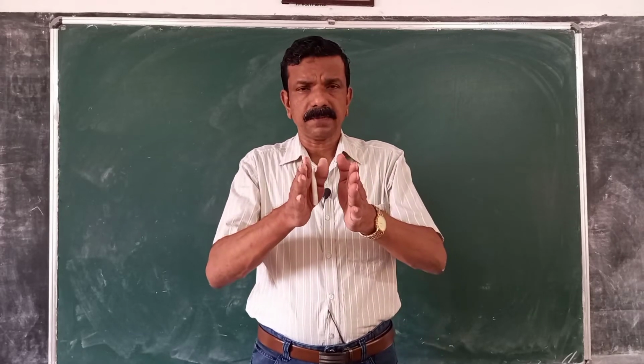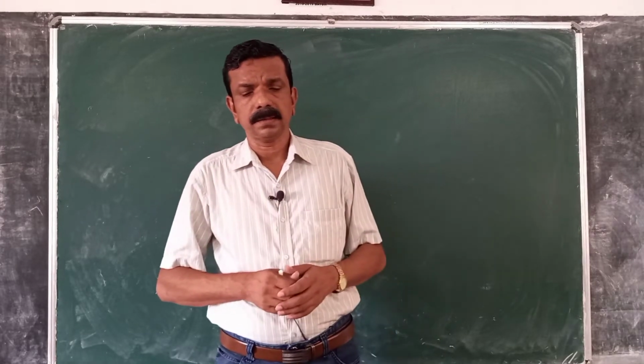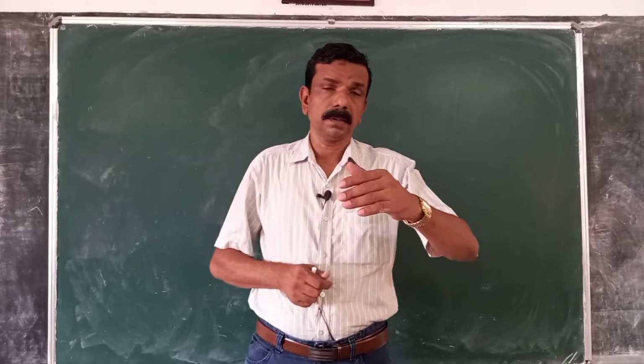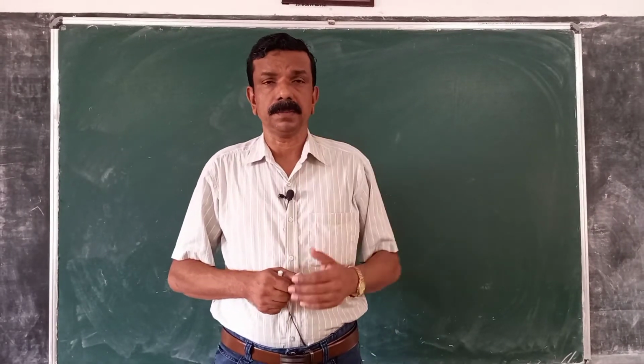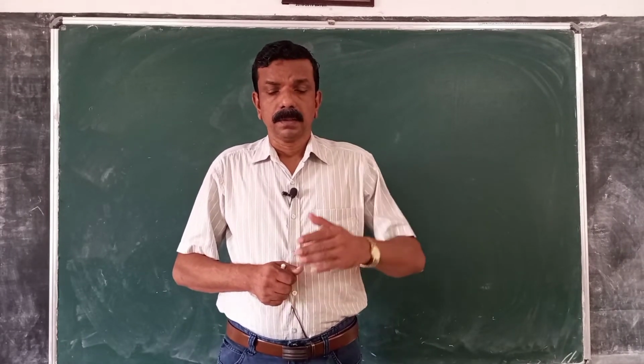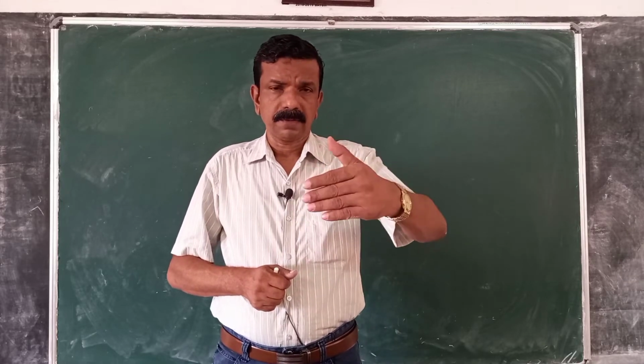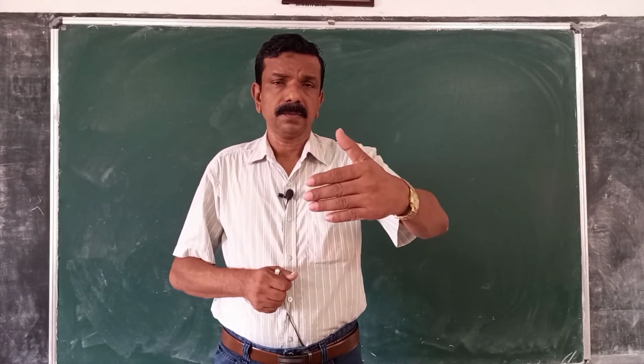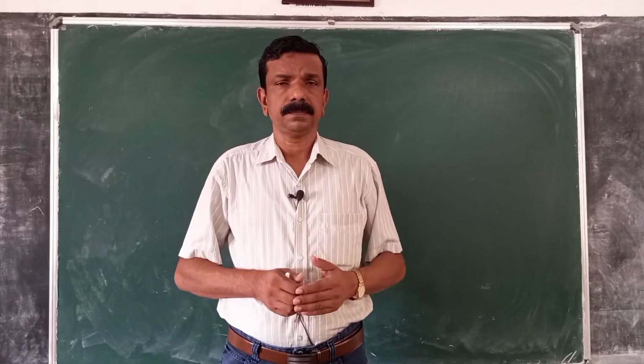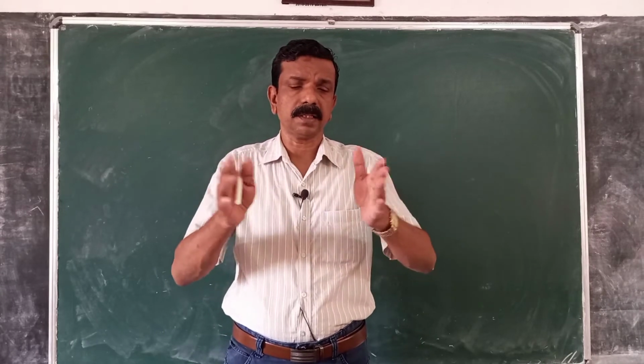Stability of consumption function does not mean that actual amount of consumption is stable. Actual amount of consumption will change with every change in income from the consumption function, as we have studied.